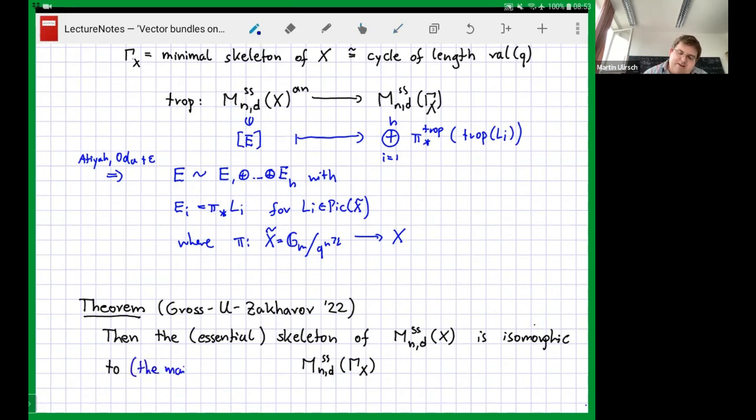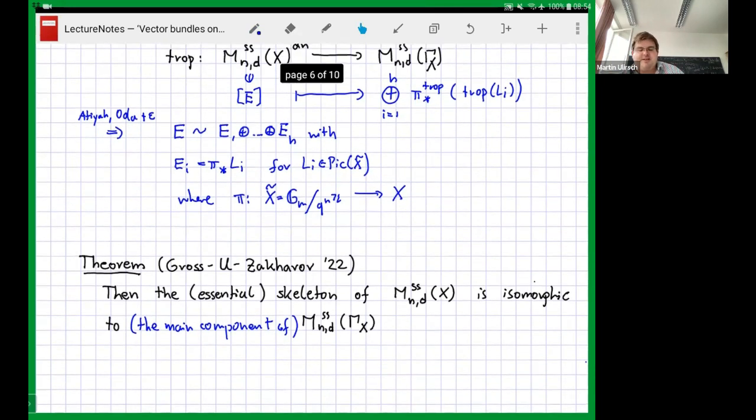You get only the main component, because on the tropical side you get several components, and you just have to deal with that. But you can identify the right component. That thing is in a natural way just the tropicalization of the algebraic moduli space. Okay. Now, this is interesting. It generalizes, for example, a result by Baker-Rabinoff that shows that the tropical Jacobian is the skeleton of the algebraic Jacobian.